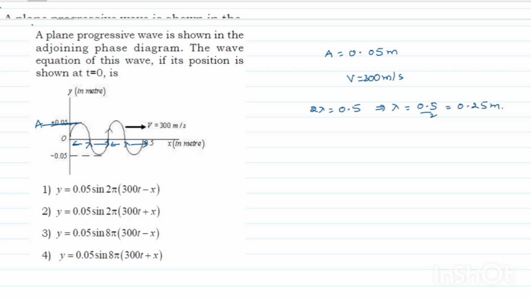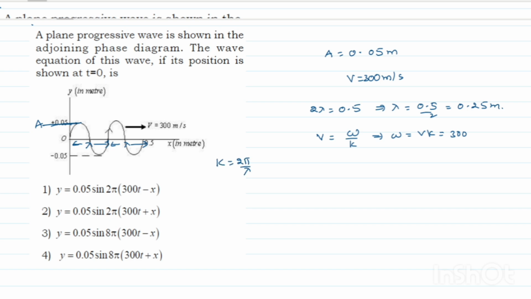Now the velocity formula is v equals omega by k. So omega equals v into k. The speed of the wave is already given as 300 meters per second. K is the propagation constant, which is 2 pi by lambda.